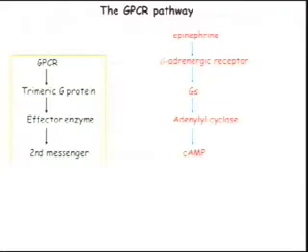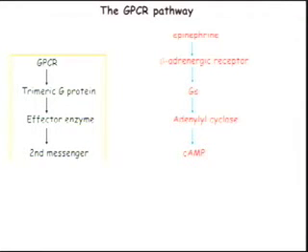Okay. This is just a brief summary of the first part of the signal transduction pathway we talked about. This is the general form, and this is the specific one we talked about. A ligand binds to a specific G protein coupled receptor, in this case adrenaline binding to the beta-adrenergic receptor, and that activates a trimeric G protein.